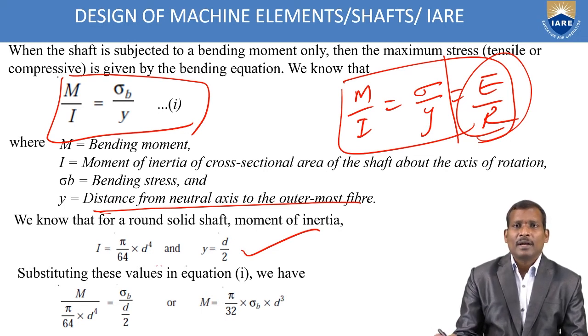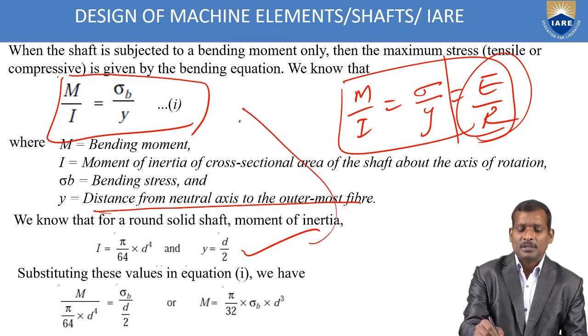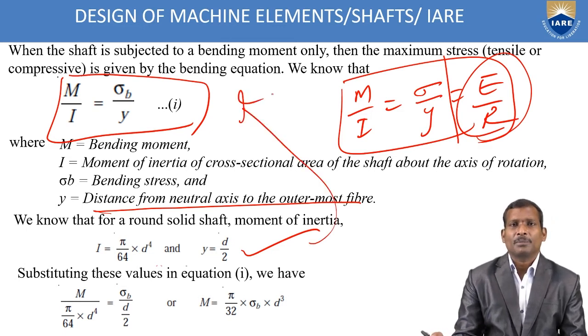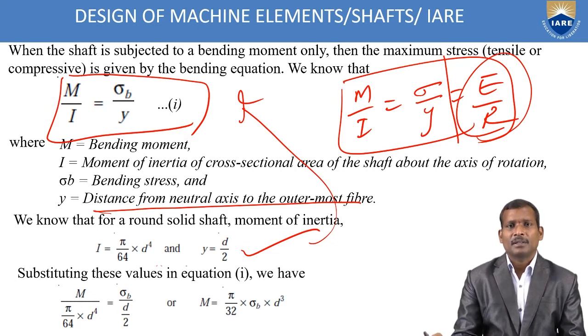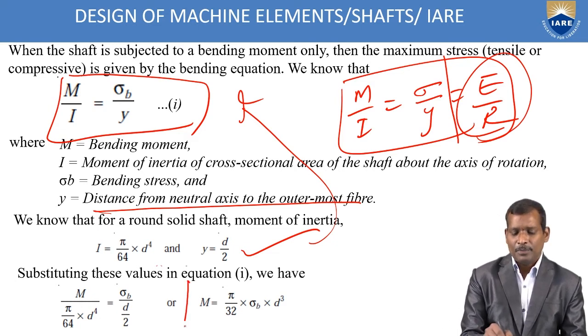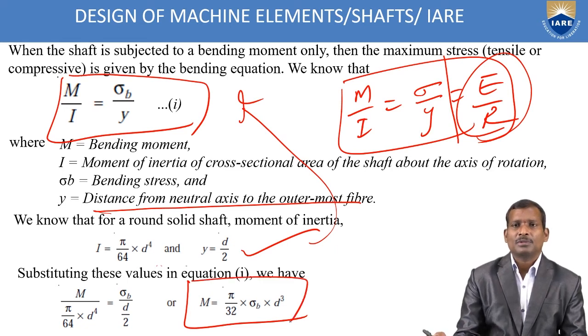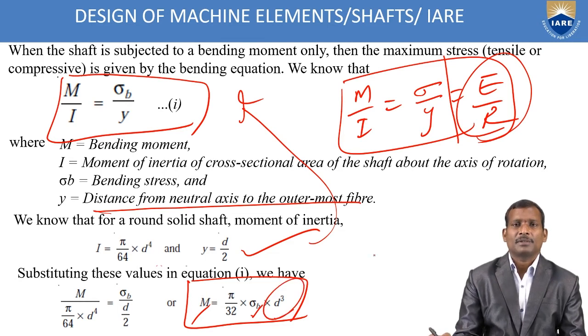Substitute the I value and Y value in the bending equation M by I is equal to sigma by Y. You will get another equation: M is equal to pi by 32 into sigma_B into d cube. Sometimes they may give the bending moment value and sigma_B in a problem. Then you may calculate the diameter of the shaft when it is subjected to bending moment.